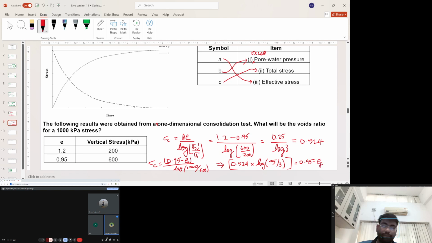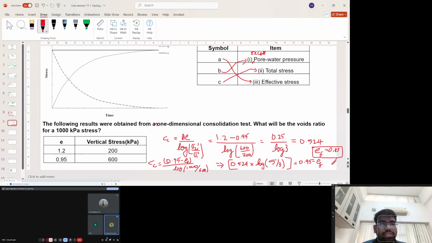How much are we getting? 0.834. So ef will be 0.83. Alright. So logically we are getting a lesser void ratio than the given void ratio.